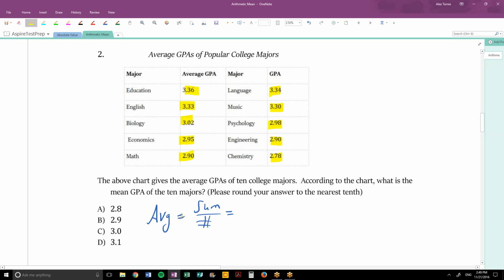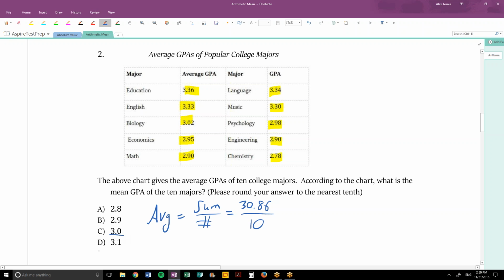So 3.36 plus 3.33 plus 3.02 plus 2.95 plus 2.90 plus 3.34 plus 3.3 plus 2.98 plus 2.9 plus 2.78 adds up to 30.86.